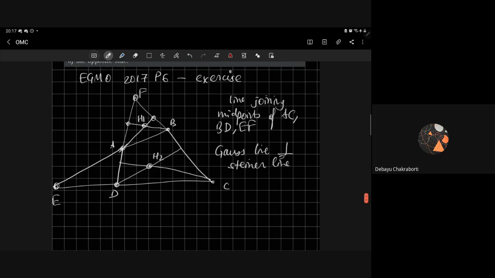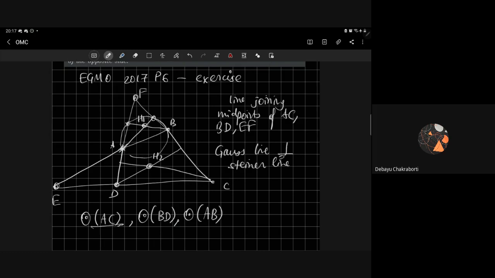Actually, if you notice something, H1 is the radical center of the circles. Consider the circles of diameter AC: the circle with diameter AC, the circle with diameter BD, and the circle with diameter AB. So, circle diameter AB looks like this.